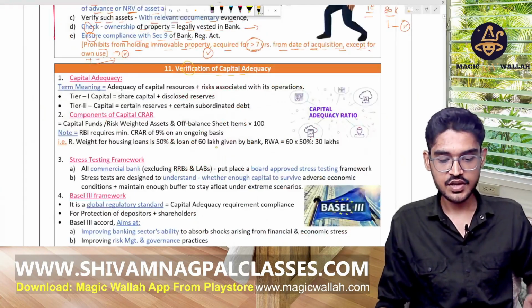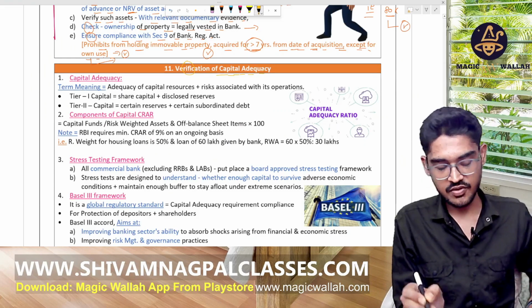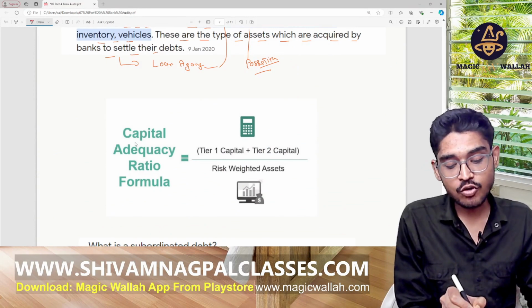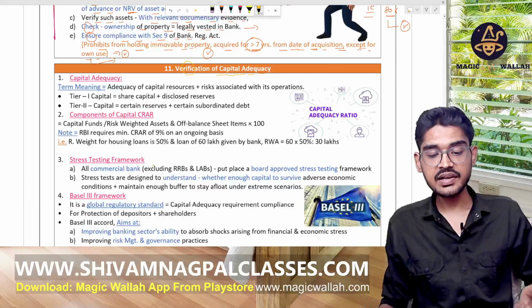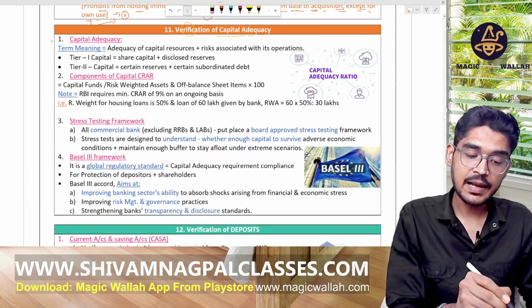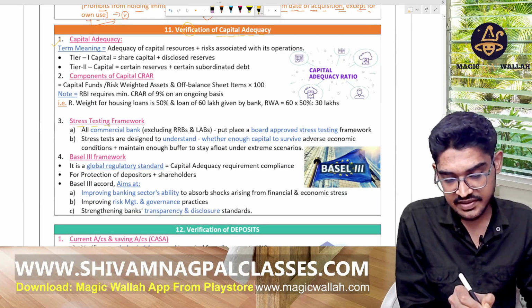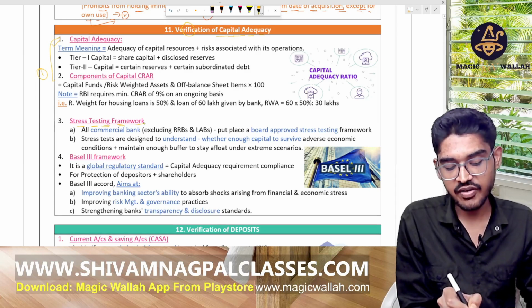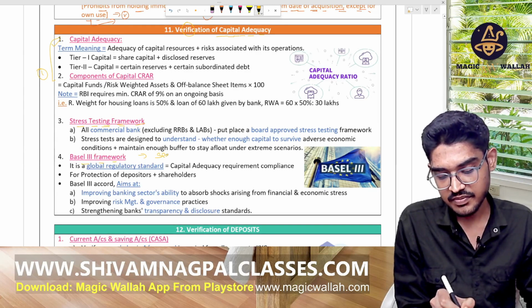So for this purpose, there is a capital adequacy system. The bank has to maintain a capital adequacy ratio. There are three types: first is the capital adequacy, second is the stress testing framework, and the Basel III framework, which is at the global level.